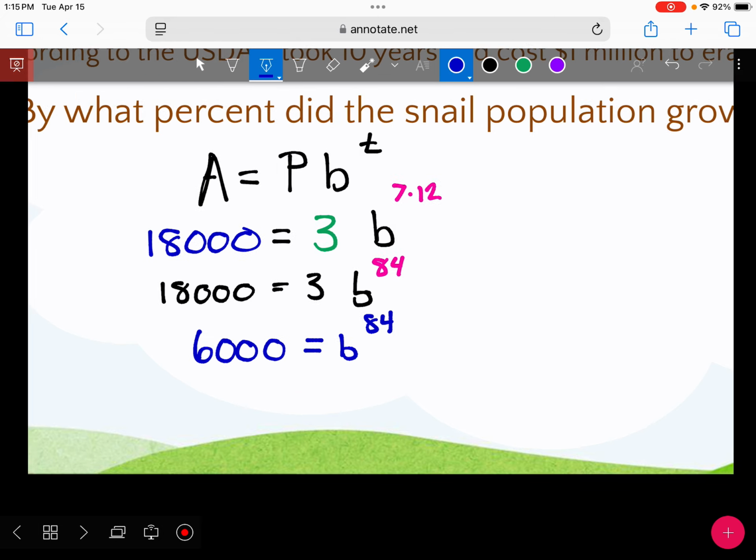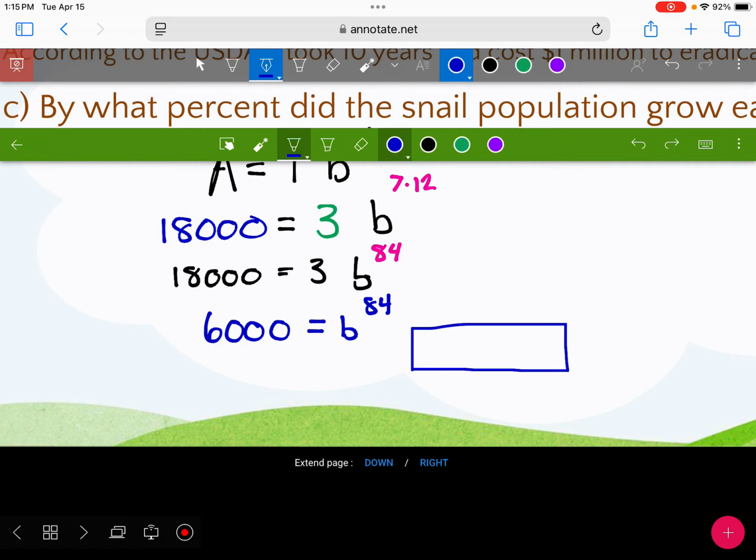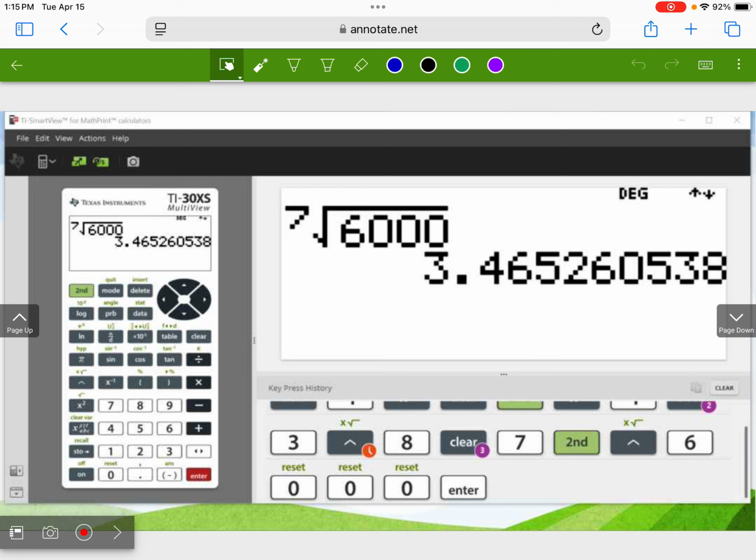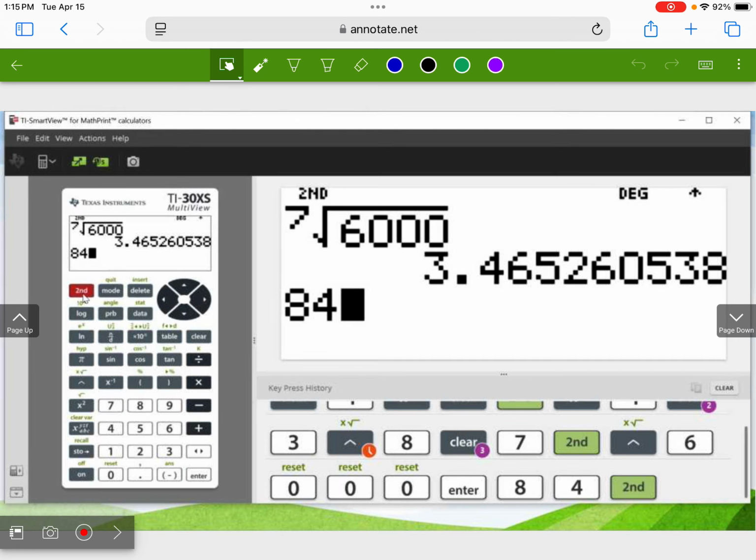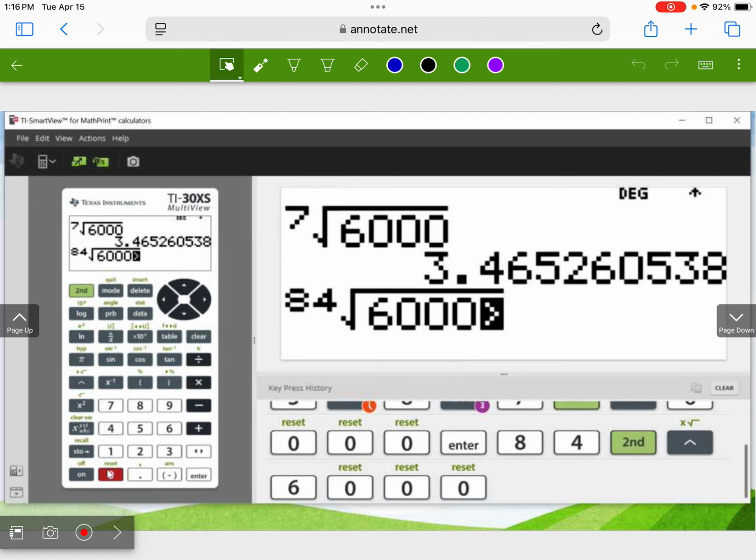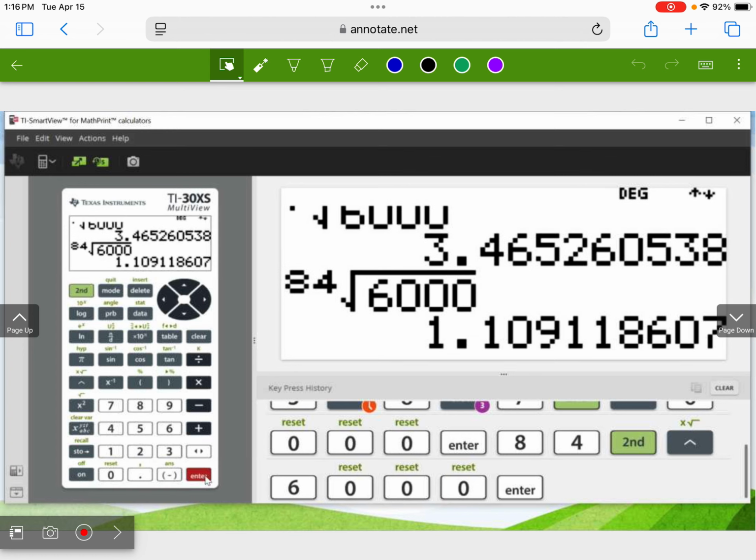It's unpleasant, but it's a calculator thing. We're going to take the 84th root of our 6,000. I want to unpower that 84. So we get 1.109 as our base.